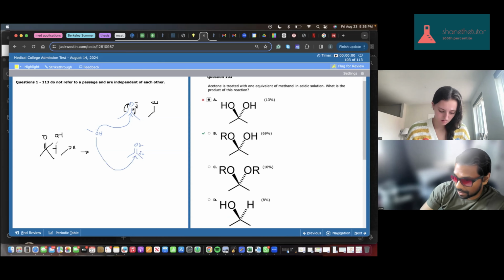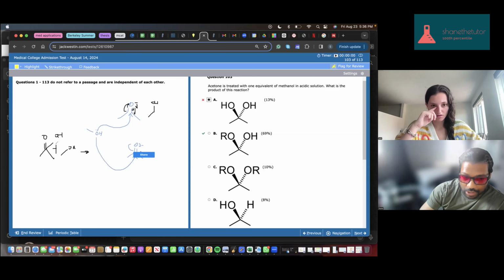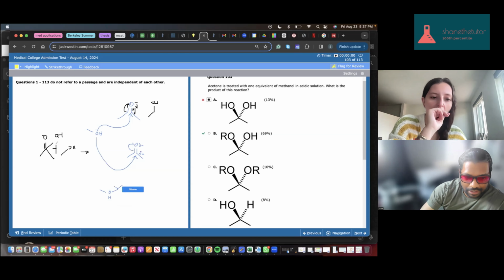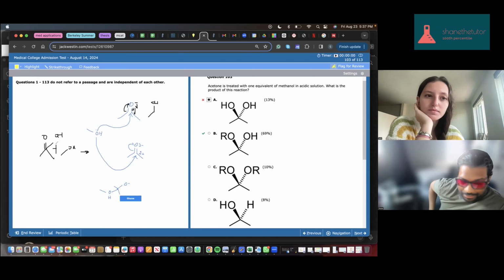When it attacks that, forming a bond with it, as you said, carbon can only make 4 bonds. So that's when I draw the electrons from this double bond going to the oxygen. So you would get that OH bound to this like that.